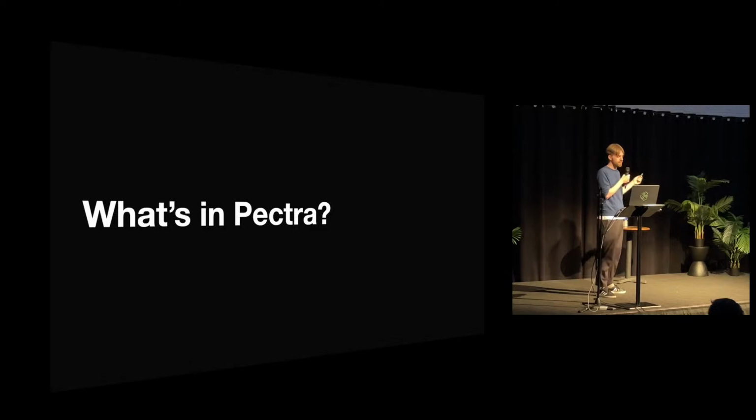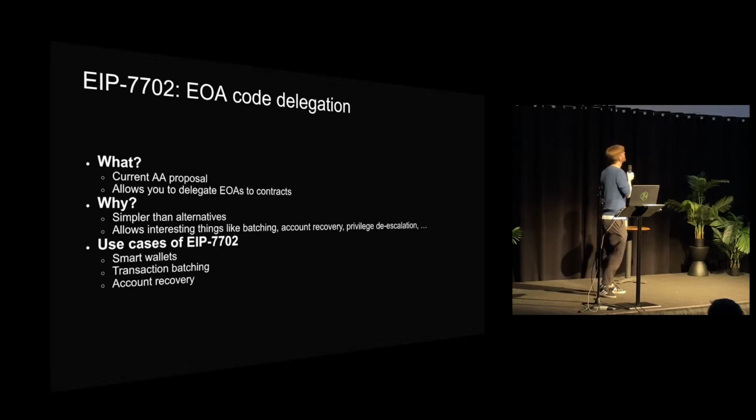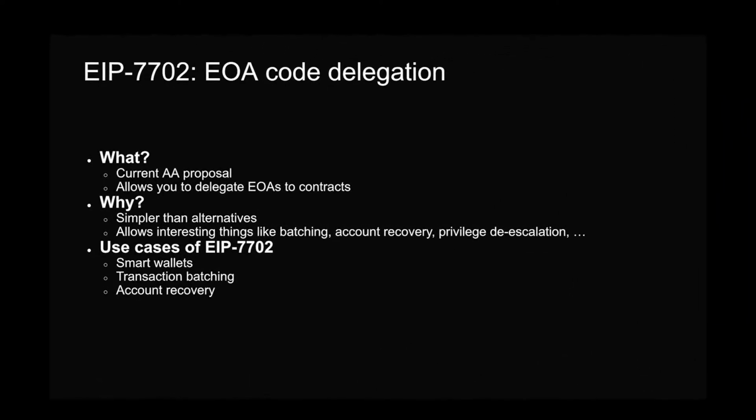So what's in Pectra? Pectra is a pretty big upgrade. First, we have 7702, which I'm really interested in. It's the current account abstraction proposal. It adds a new transaction type that allows you to use your EOA as a smart contract.